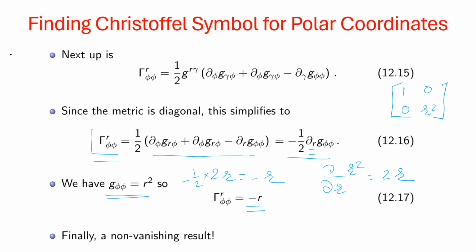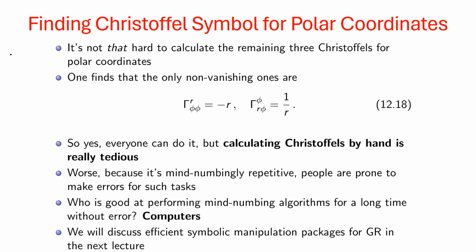So on and so forth, you can go on making calculations. In the Maple worksheet, we are going to roll through these calculations. Now, the last component calculation is gamma r phi phi equal to minus r, and gamma phi r phi is 1 by r.